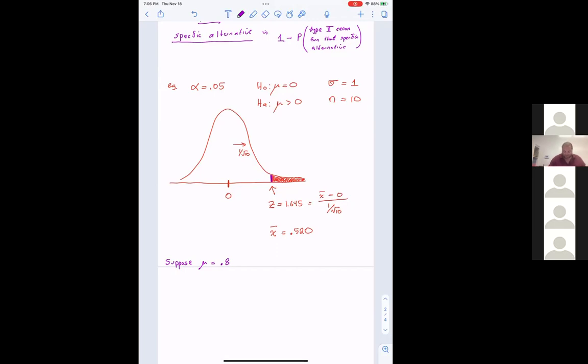If mu is actually equal to 0.8, if that's the actual average, where will the peak of my normal distribution actually be located?